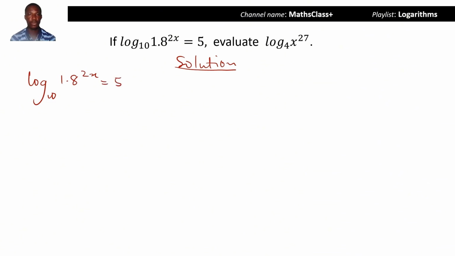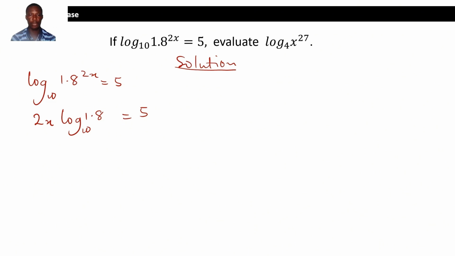Okay, so what I will do is to drop the exponent. That gives me 2x log 1.8 base 10 is equal to 5. And if I decide to divide through by 2, I'll get x log 1.8 to the base 10 is equal to 5 over 2.